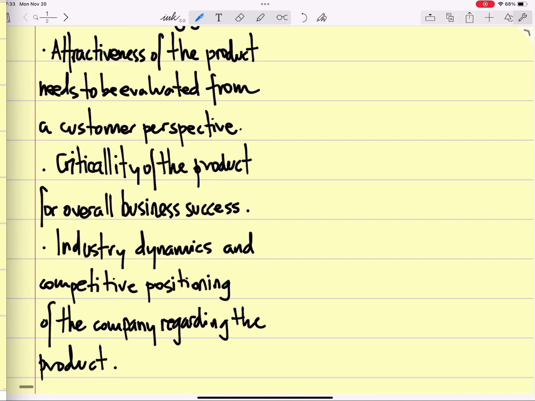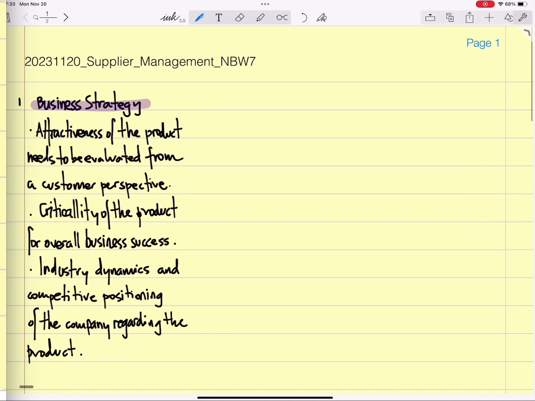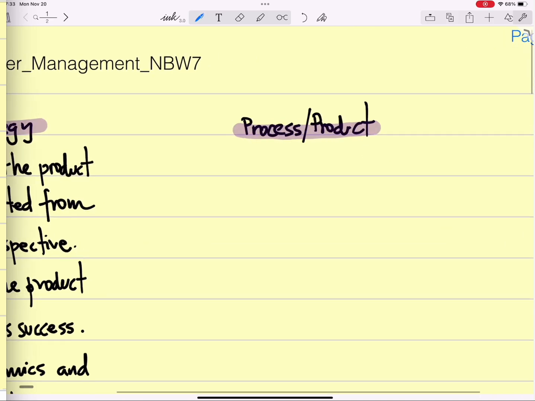So when you have a process, let's make like a little decision tree. When you have a process or a product, is this process strategic?